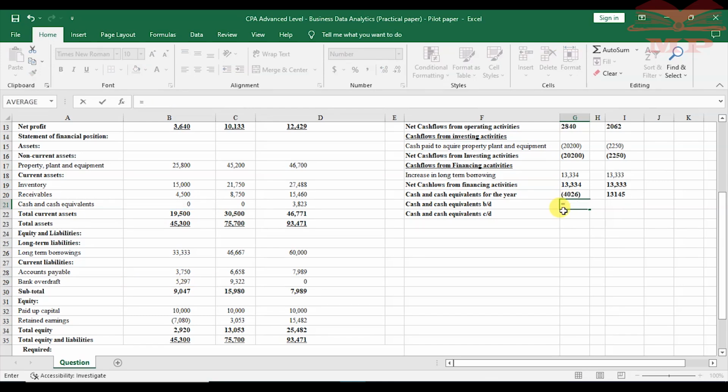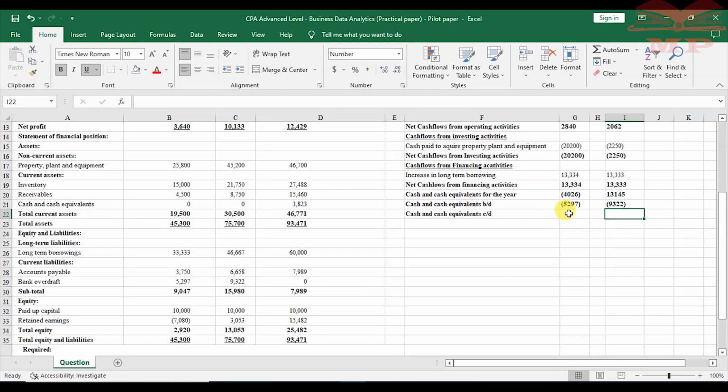So equal sign 0 minus this. So it's an overdraft. The other one, equal sign 0 minus 9322. It's an overdraft of that one.